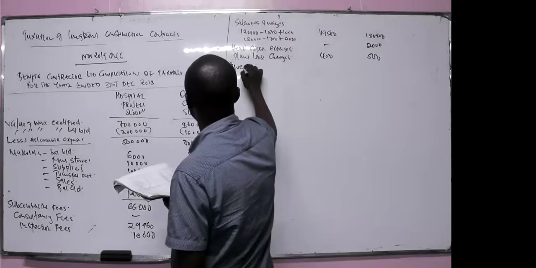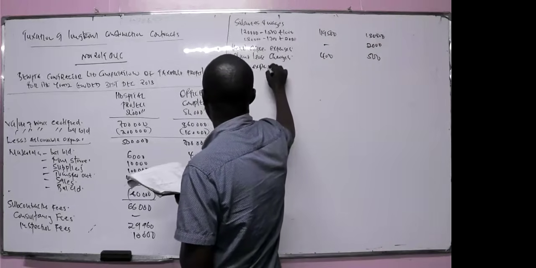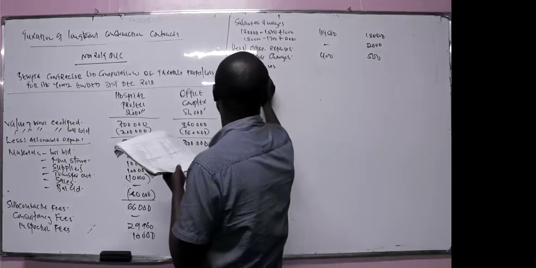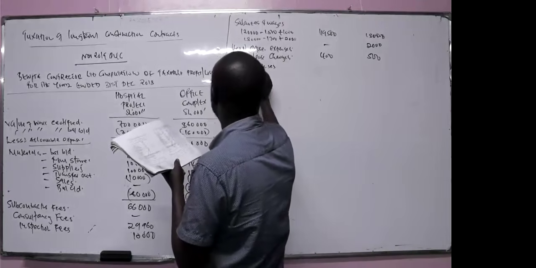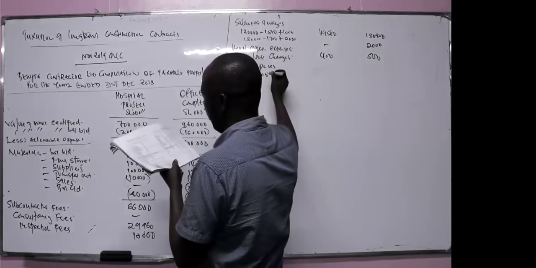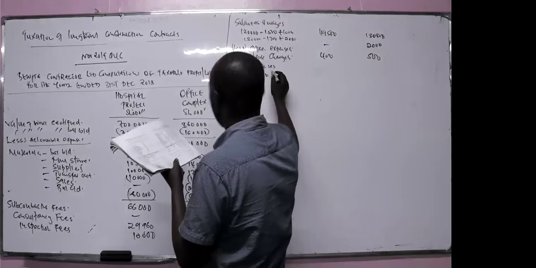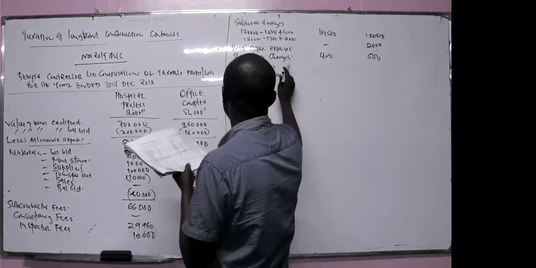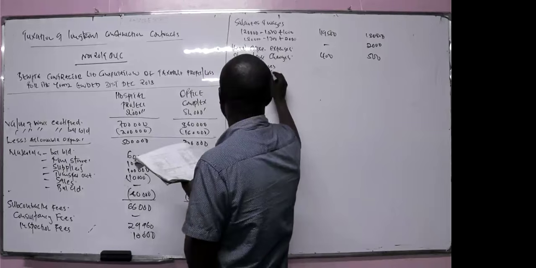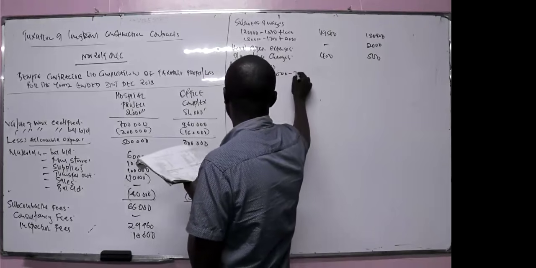Direct expenses. So it is how much? 3,000 plus 1,000 minus 200.